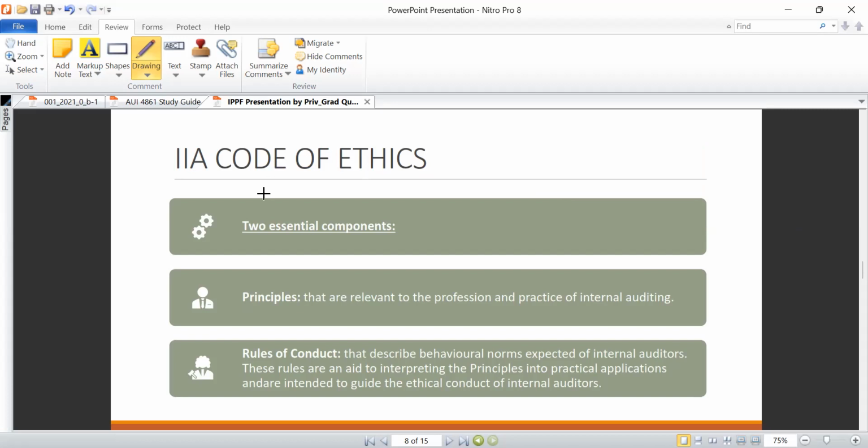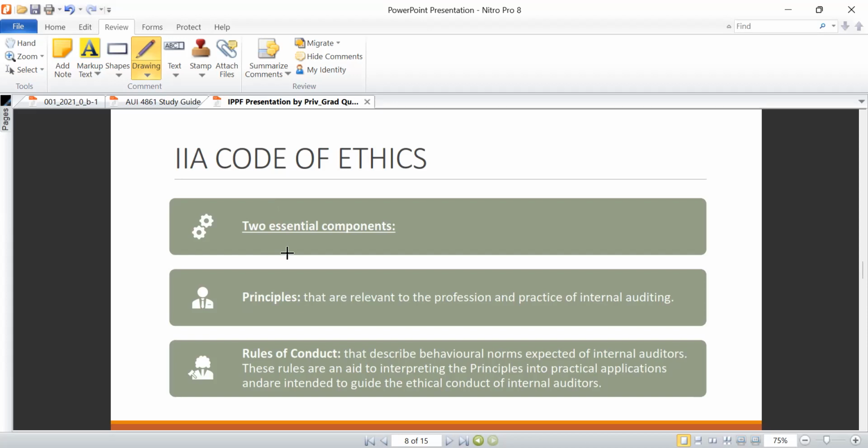So there are two essential elements you find under the IIA Code of Ethics. There's the principles of the code. That's number one. And number two, there's the rules of conduct for each principle, right? Very important. So the principles really deal with what is expected to be followed by the internal auditor as they are performing their internal audit assignments.